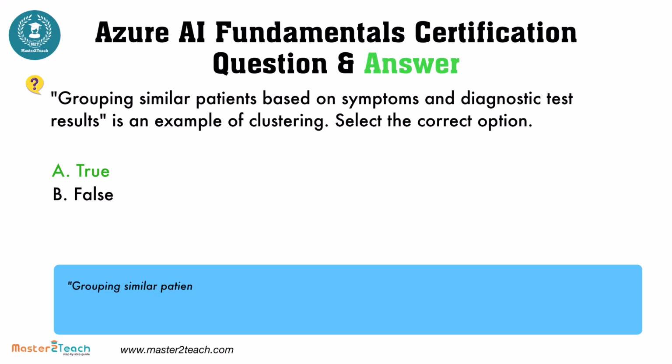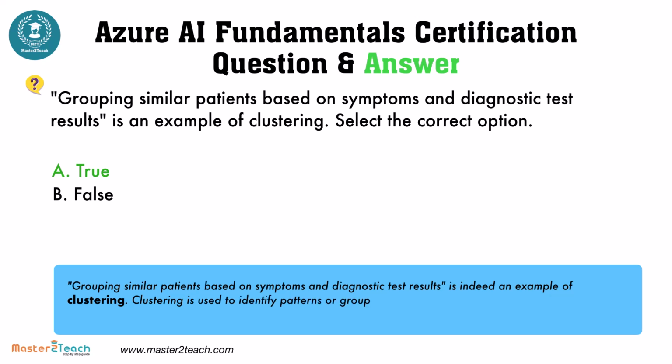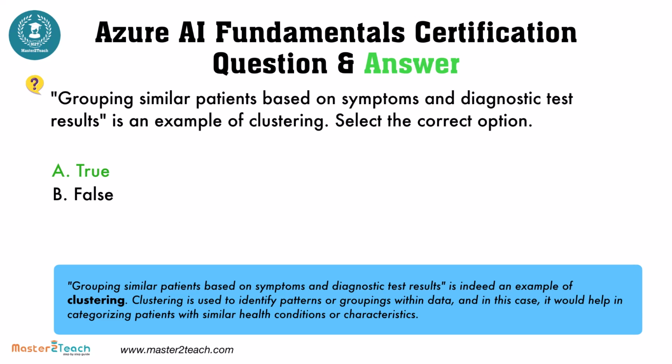Grouping similar patients based on symptoms and diagnostic test results is indeed an example of clustering. Clustering is used to identify patterns or groupings within data, and in this case, it would help in categorizing patients with similar health conditions or characteristics.